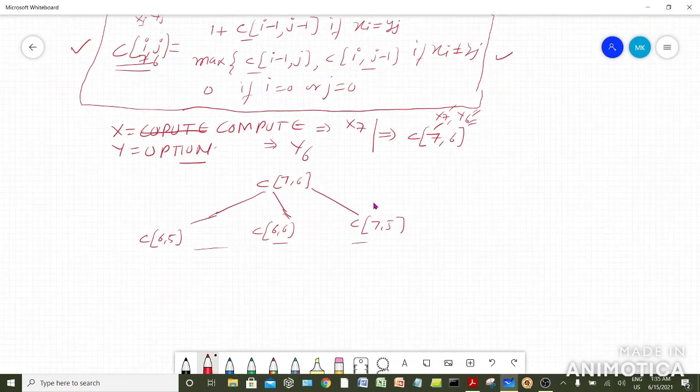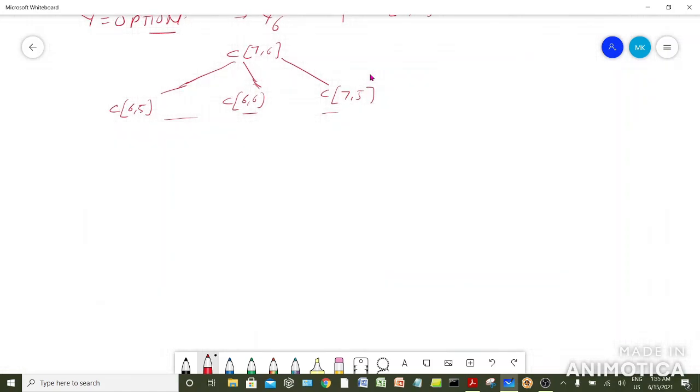Now for solving these three, this one will be solved by having C of 5 and 4, and by having C of 6 and 4, and by having C of 6 and 5. In the same way it will be solved using C of 5 and 5, C of 6 and 5, C of 5 and 6.